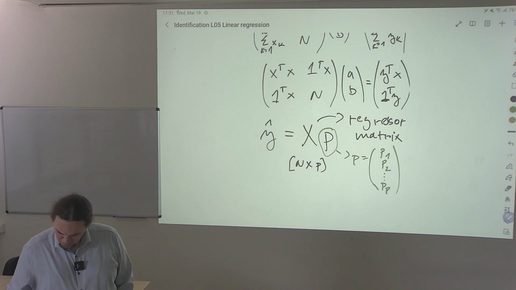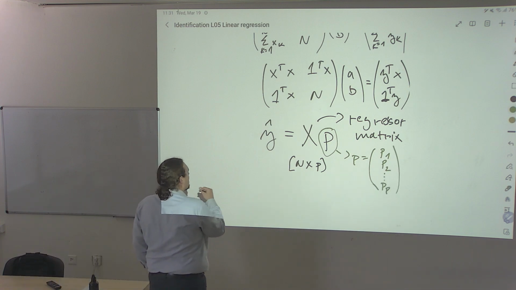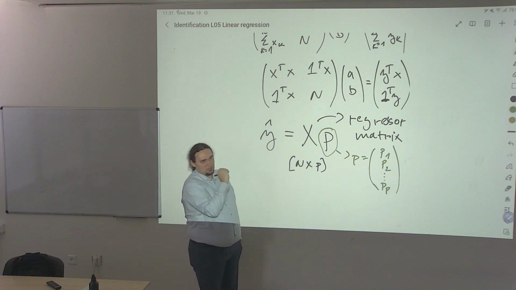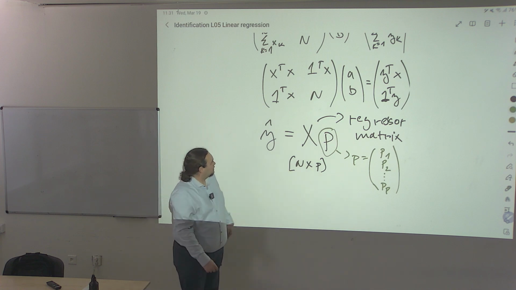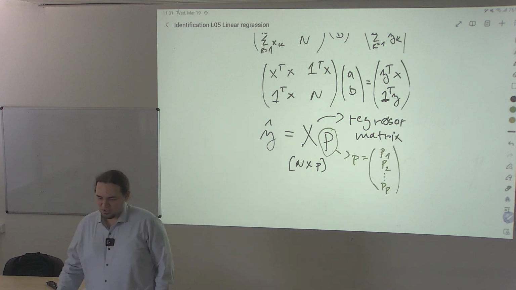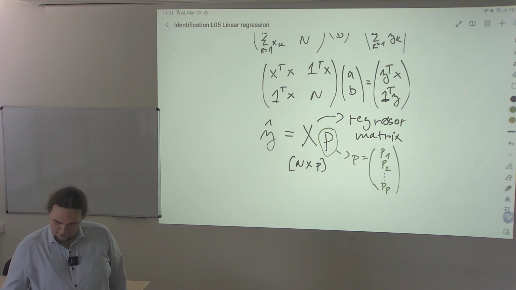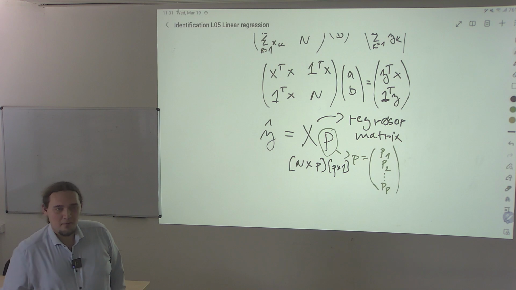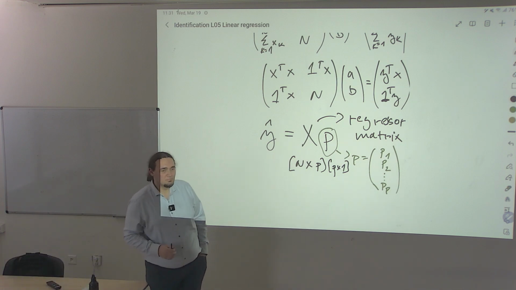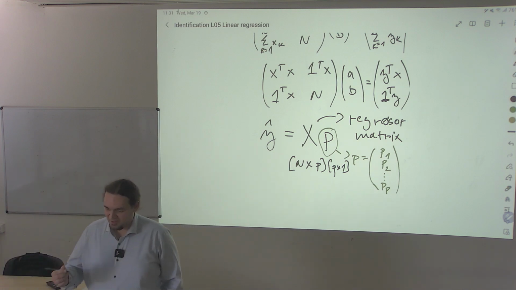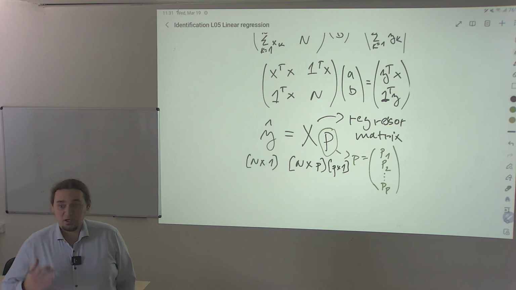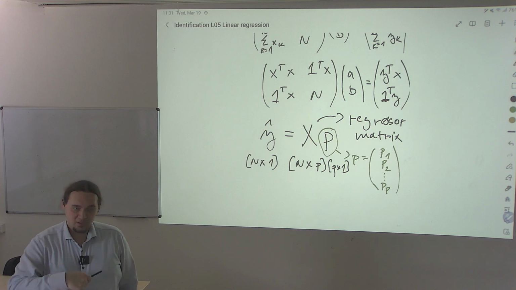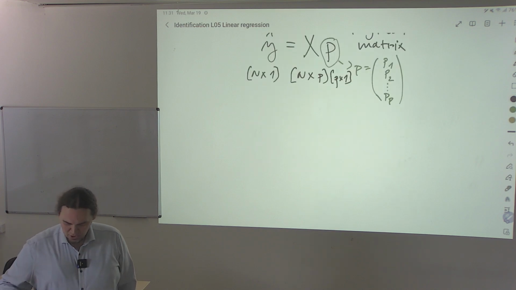And basically this y hat, what will be the dimension of this y hat? N times 1, yeah. I think Michaela was saying that, but completely silent. So for each of the experiments, it is giving us the prediction.